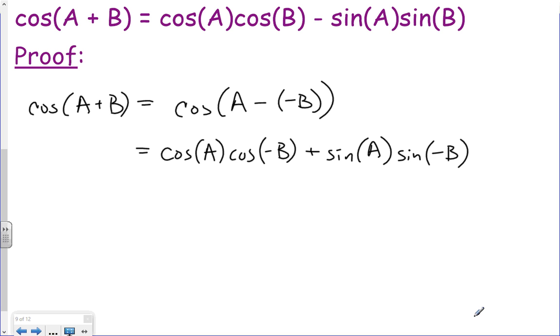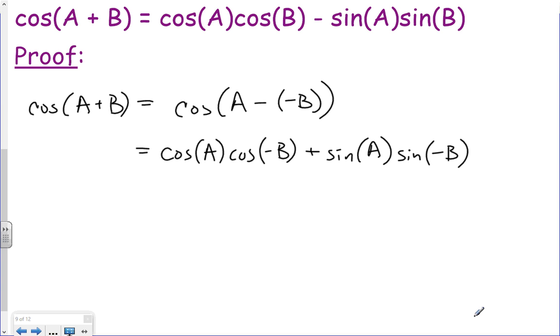But I need to get rid of those negatives inside of those trig functions. I got to get rid of the opposite of b somehow. So I got to think about some properties that I've already used or proven for what cosine of the opposite of b is equal to. Well, in the first half of this section, we talked about the odd and even properties of our trig functions.